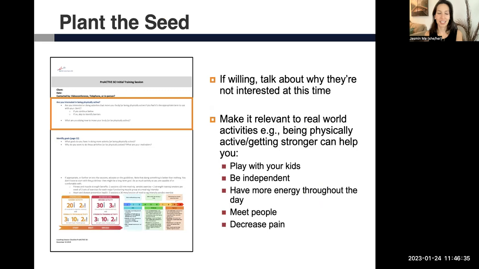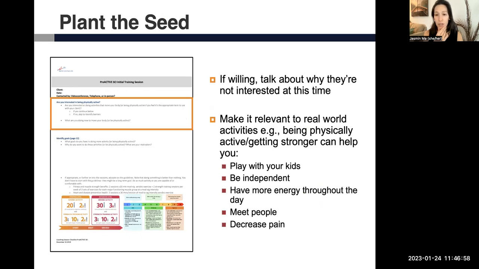So we'll start with this needing to plant the seed, where maybe if someone isn't interested in talking about physical activity at this time, ask if they're interested to share a little bit about why that's the case for them. And in that case, you might be able to then address some of the barriers that they may be experiencing.